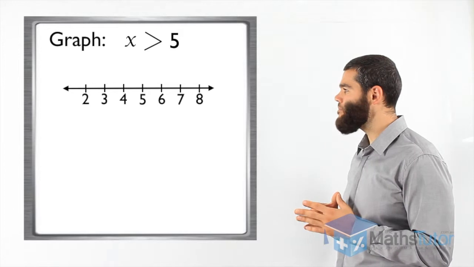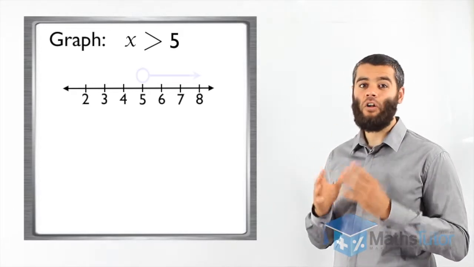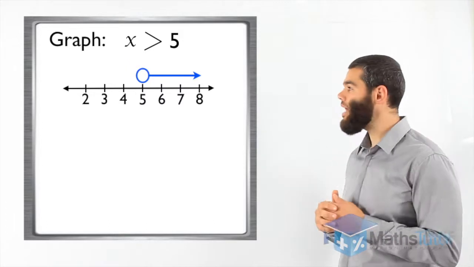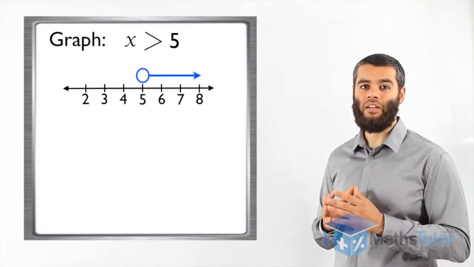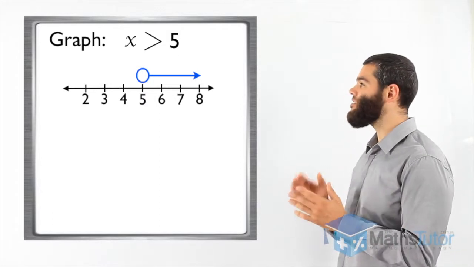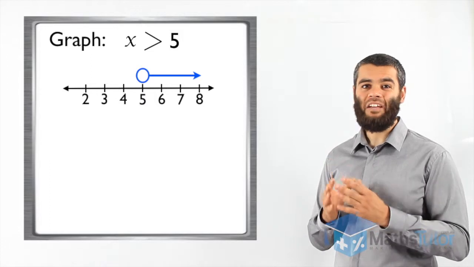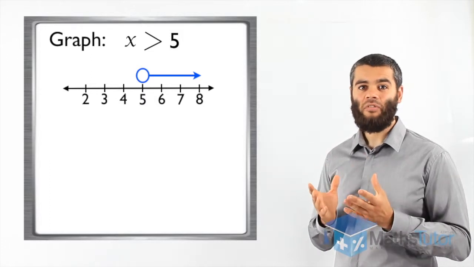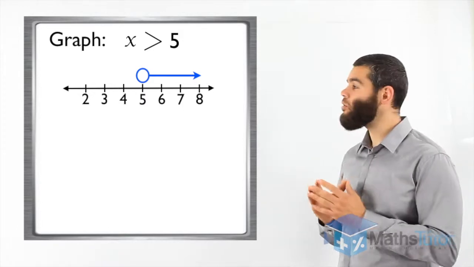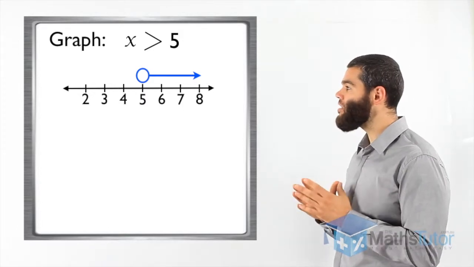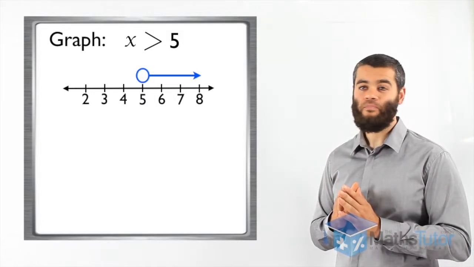We have our number line, and on the 5 we draw a hollow circle, and we show an arrow pointing towards the greater side, towards the 6, the 7, the 8. It's continuous. It shows that x does not equal 5, but it's bigger than 5. The circle is not colored, it's hollow, showing that it is larger than 5 but does not equal 5.